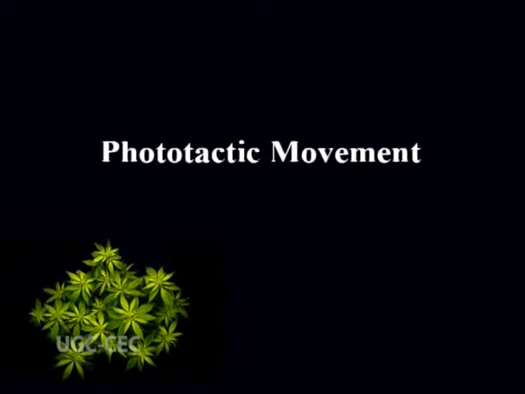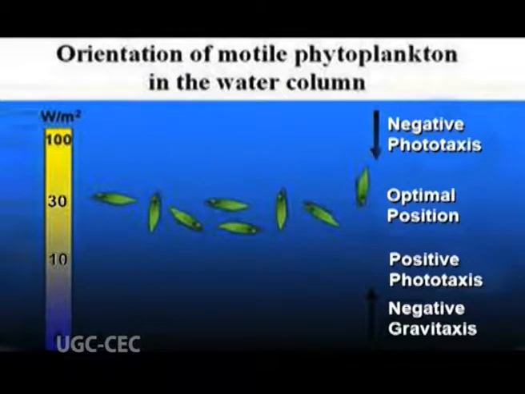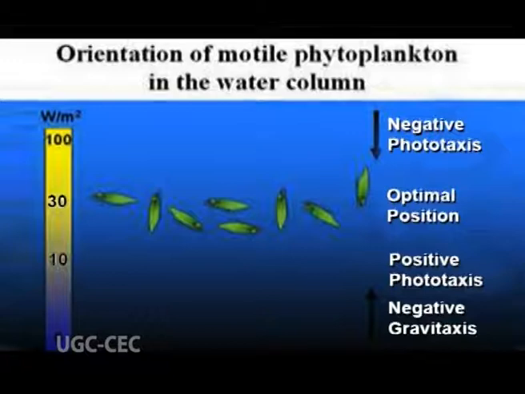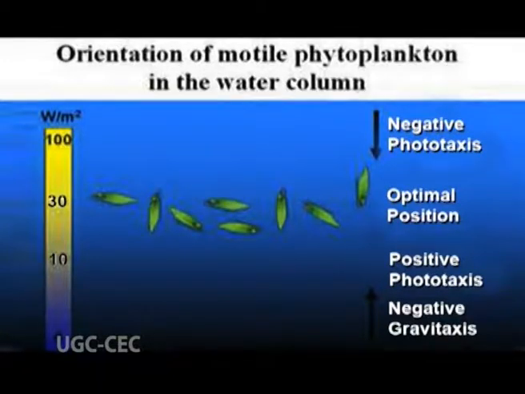Phototactic movement. This is the movement of the whole organism in response to unidirectional light. The movement may be positive when it is towards the source or negative when it is away from the source. Free swimming algae like Chlamydomonas show this type of movement. Some of the zoospores and gametes also show phototactic movement.